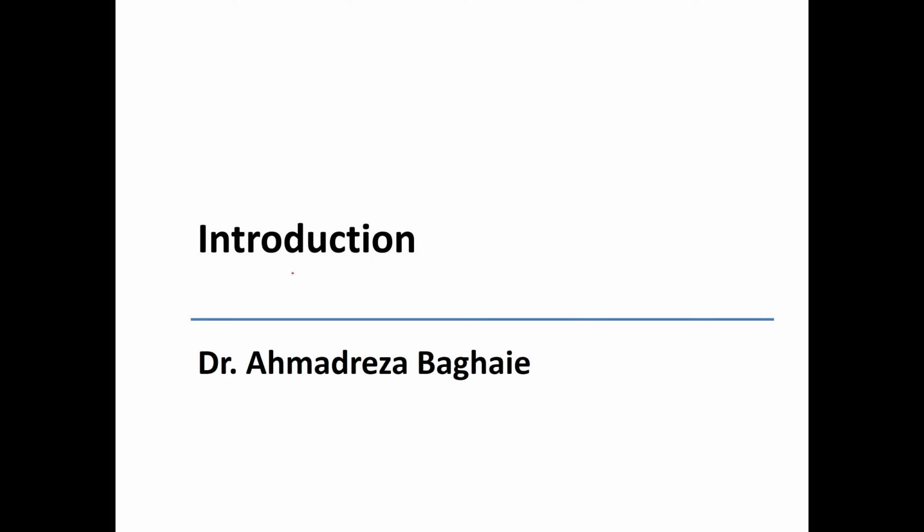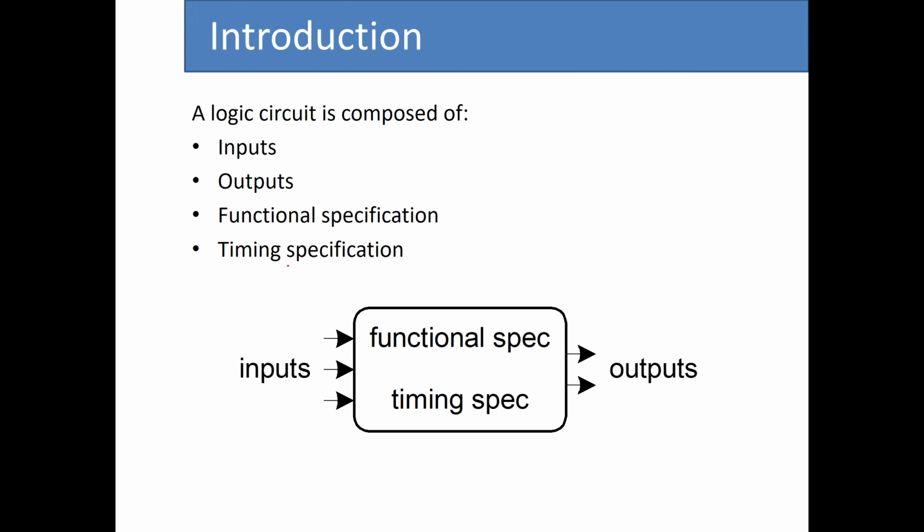In this video, I want to start the topic of logic circuits, more specifically combinational logic circuits. So a logic circuit has several components. We usually have some inputs, some outputs, a functional specification, and finally some timing specification.